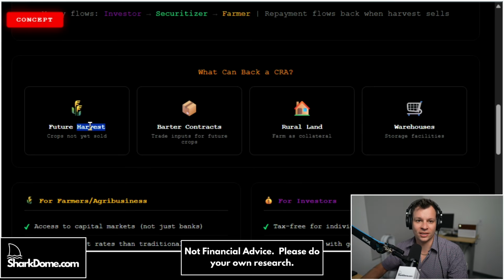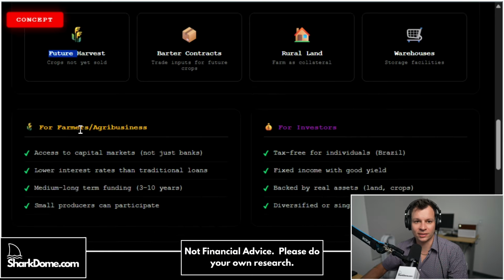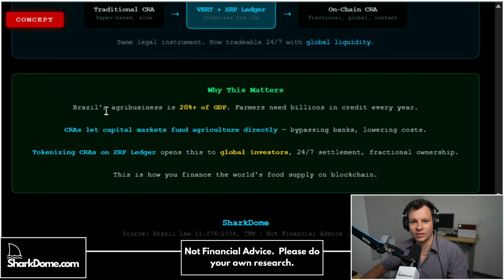So I was doing a lot of research on this, but this is going to shock you. Brazil's agribusiness is about 20% of their GDP. So really think about this. They're creating these financial instruments, and they're putting it on the blockchain, and they're borrowing against it based on the RLUSD, which is the US dollar. So farmers need billions in credit every year.